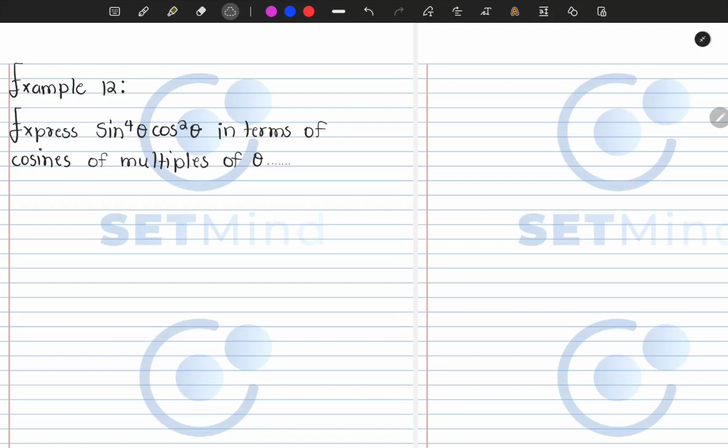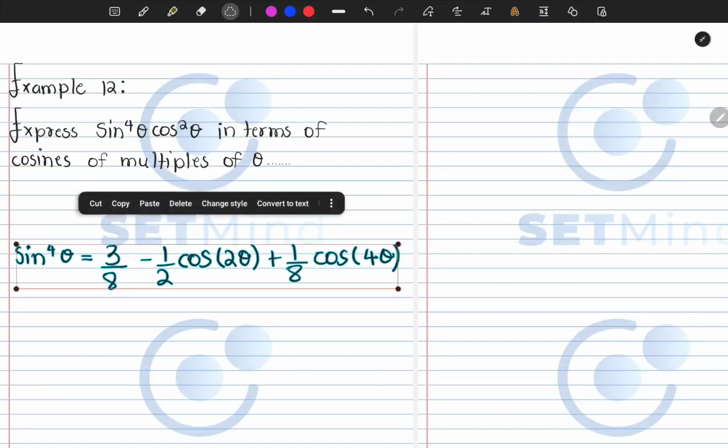Let's now have a look at example 12, where you are required to express sine theta all to the power of 4 multiplied by cos theta all to the power of 2 in terms of cosines of multiples of theta. So what we already know is what we have worked out before.